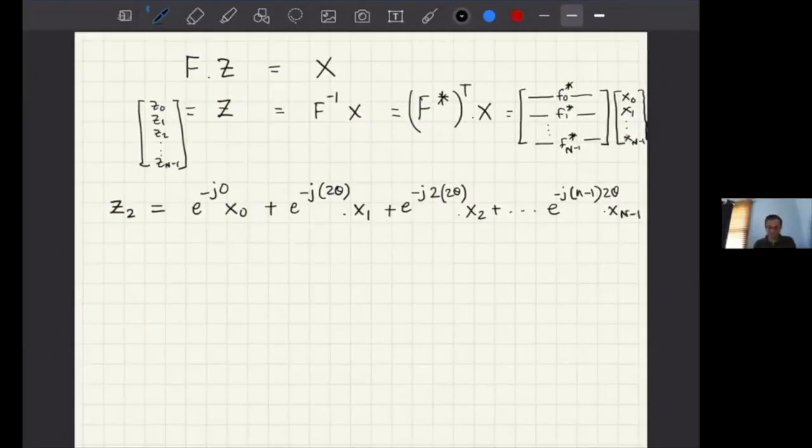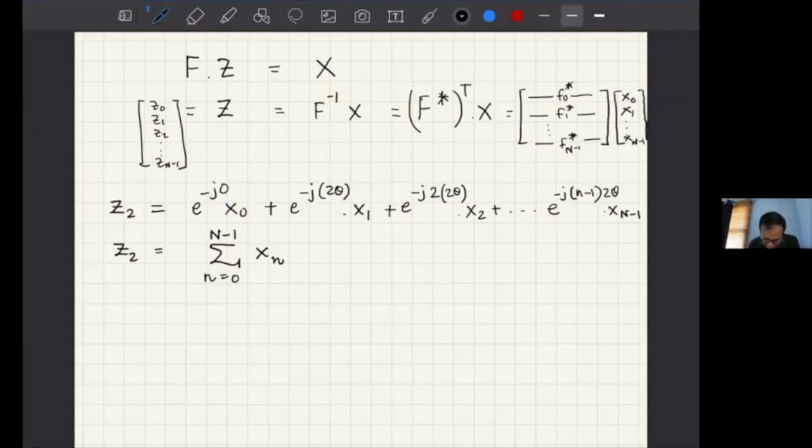Great. So then we can write this equation more generally, which is Z2 is nothing but sum. X is actually increasing. So let's write that X as N. And this N goes from 0 to N minus 1. Now you see why I had to make the lowercase n uppercase.